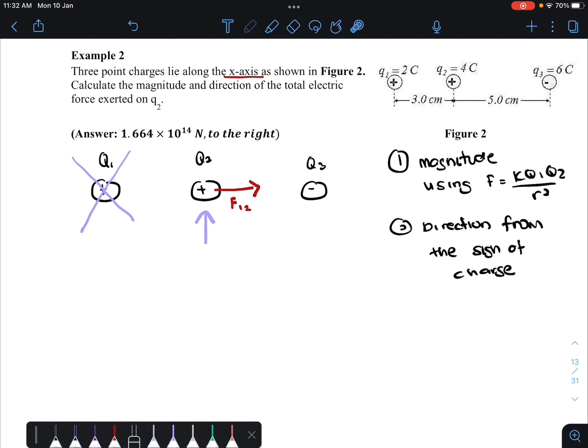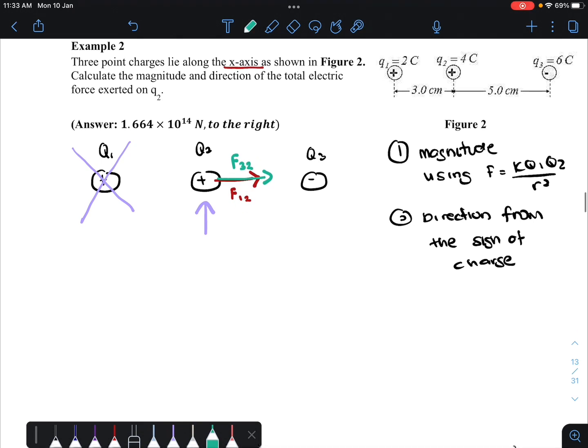So for Q2 to be attracted towards Q3, dia harus bergerak ke kanan juga, sebab dia kena bergerak menghampiri Q3. So you're going to experience another force to the right as well due to Q3 on Q2. Force exerted due to charge 3 on charge 2.